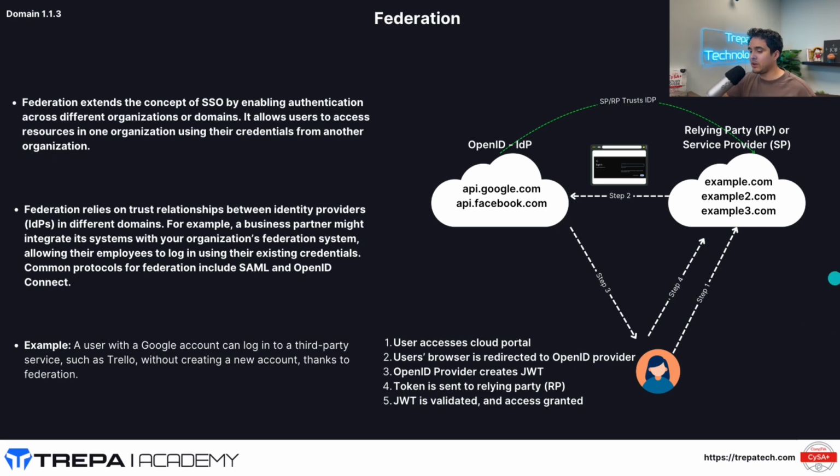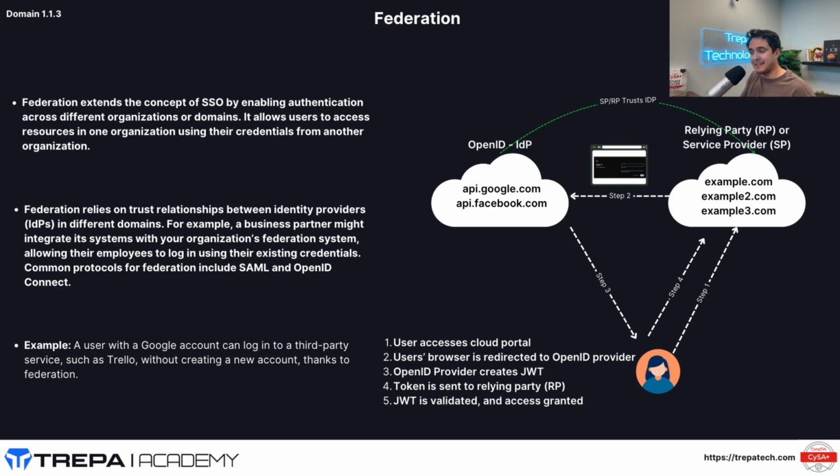So we can see a quick example up here. This user is trying to sign into example.com or any of these example.coms. So they access this cloud portal. Let's just call it a cloud portal, okay? The user's browser is going to redirect them to an OpenID provider. In this federation example, we're using OpenID, but this same process can be done with Active Directory Federation Services or OAuth 2.0.